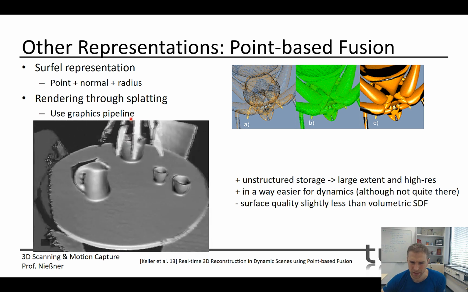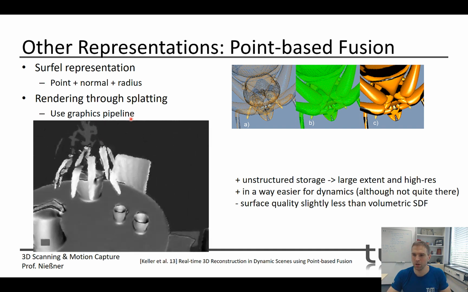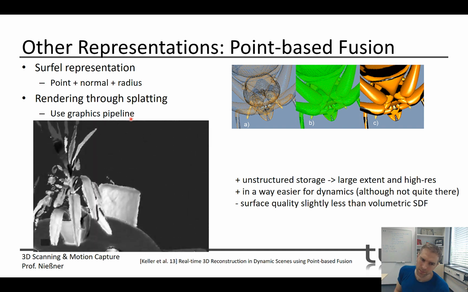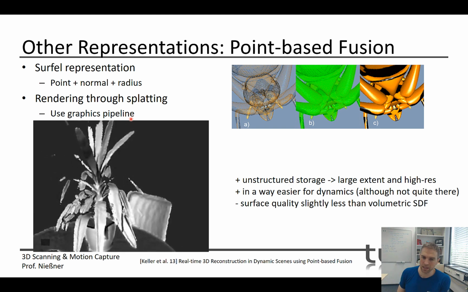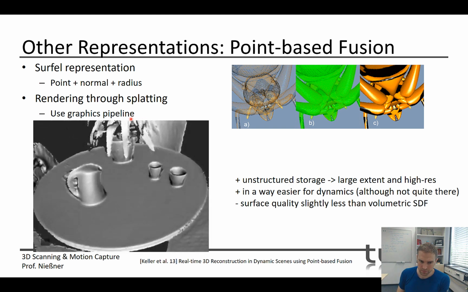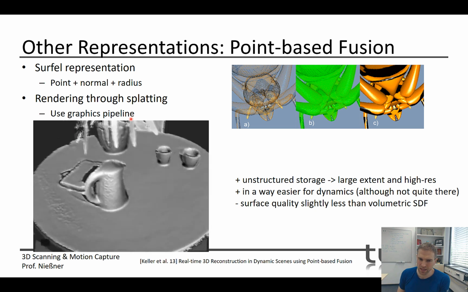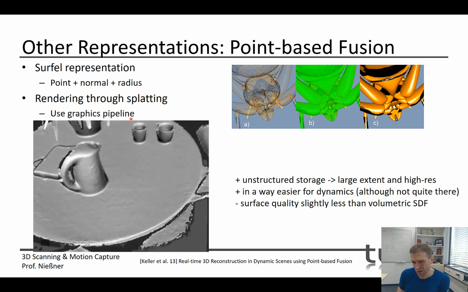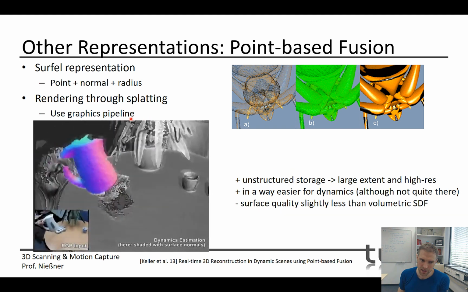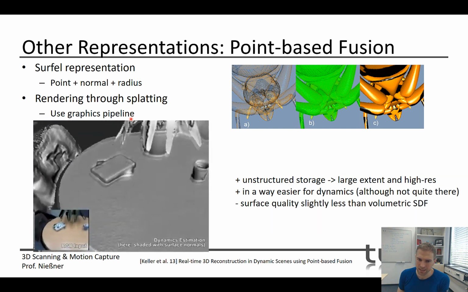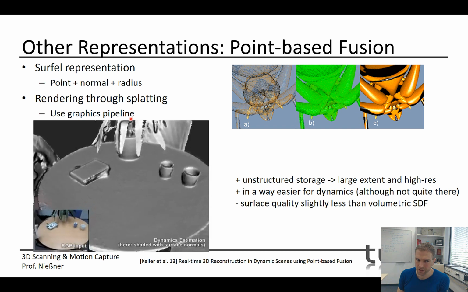The graphics pipeline can do that, so you basically splat small circles or ellipsoids. The unstructured storage means a large extent and high resolution. It's a little easier if you want to extend it later to dynamics. Also, even up to date, it's not fully solved yet. And the surface quality is slightly less than the volumetric signed distance fields.